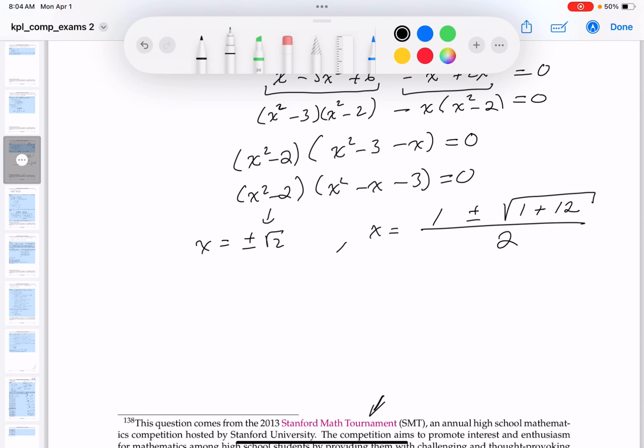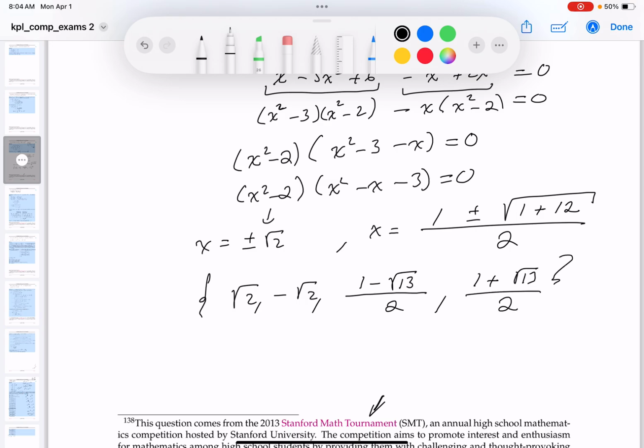That's 4ac. So what do you get over there? Let's write these down: root 2, minus root 2, and then 1 minus root 13 over 2, 1 plus root 13 over 2. They're the 4 roots, by the way.